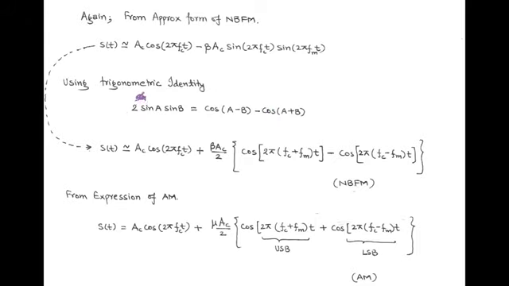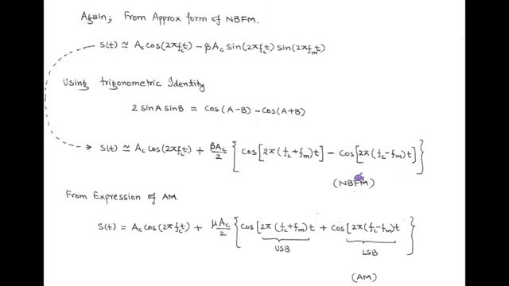Here we first multiply and divide by 2 in the second term, and use the formula 2 sin A sin B. Narrowband FM is then written in approximate form as s(t) equals Ac cos 2 pi fc t plus beta into Ac upon 2 within bracket cos 2 pi (fc plus fm) t minus cos 2 pi (fc minus fm) t.